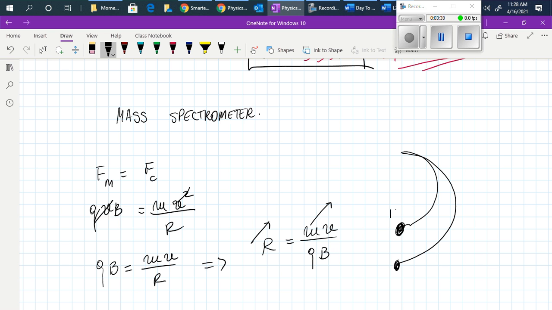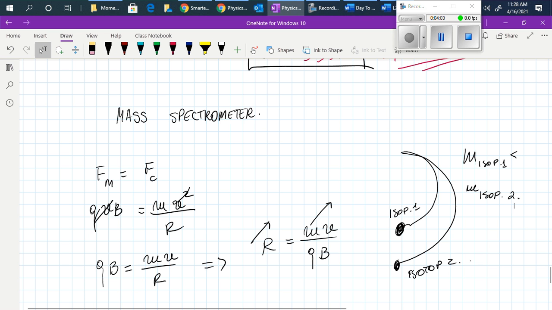So if we have here an isotope 1 and isotope 2, then the mass of isotope 1 is less than the mass of isotope 2.